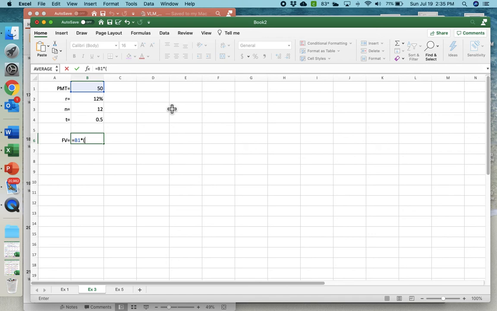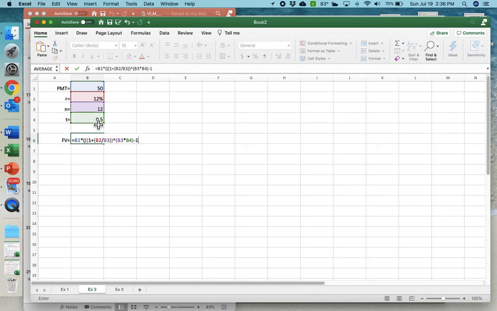We need a parentheses around the top, and we need a parentheses around the 1 plus R over N. So 1 plus, we need parentheses around R over N. Then we'll close the parentheses for the 1 plus R over N. We're raising that to N times T. Close.